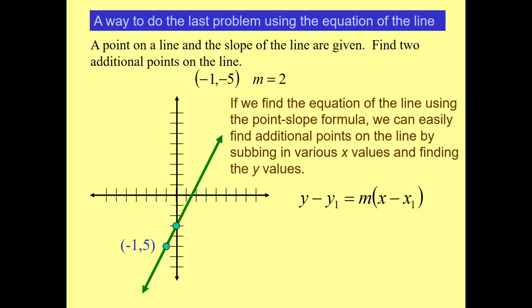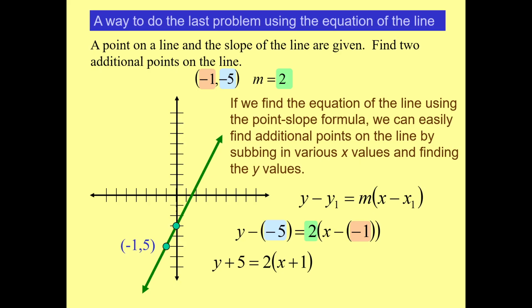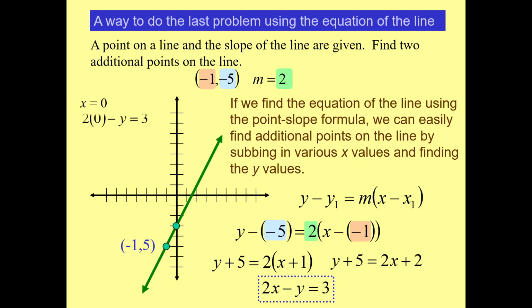Using the formula here, you can plug in your slope m and let that be your x sub 1, y sub 1. There's your equation. So let x equal 0, and it gives me y is -3.